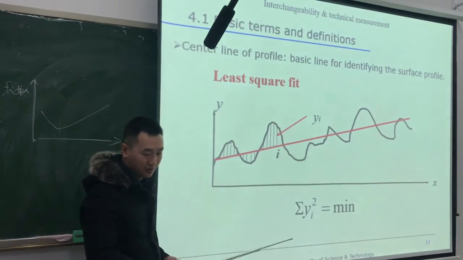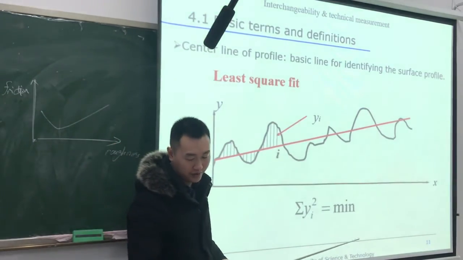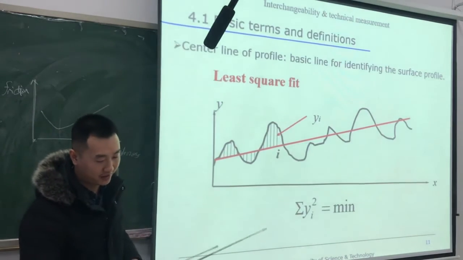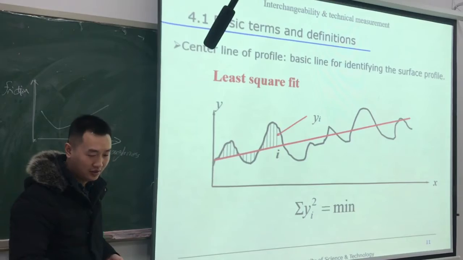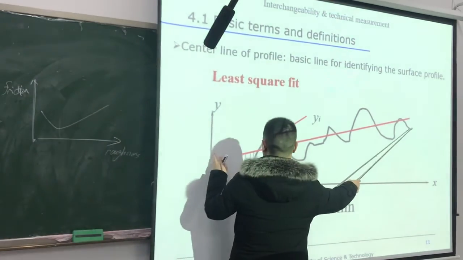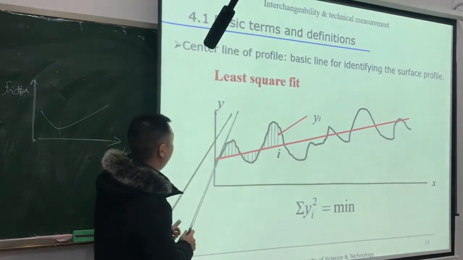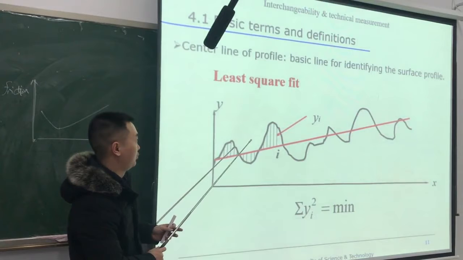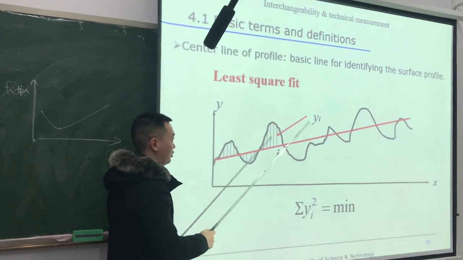Next is the center line of the profile. The center line of the profile is the baseline for identifying the surface profile. So this length is the LR, and how do we get the center line? We normally use the least square fit.